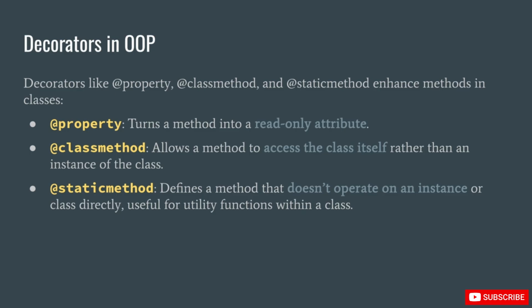This is useful for factory methods or when you need to operate at the class level. Lastly, staticmethod defines a method that doesn't operate on an instance or the class directly. It's ideal for utility functions that are relevant to the class, but don't require access to instance or class-specific data. By using these decorators, you can make your classes more versatile and maintainable, while also providing clear intentions about how methods should be used.